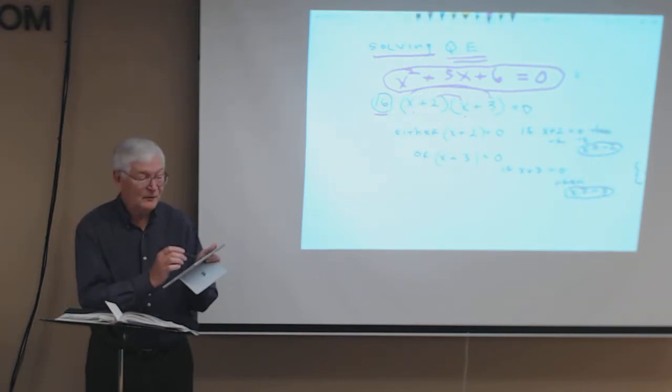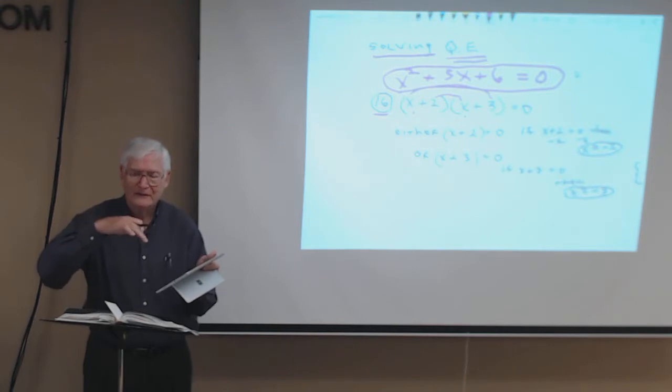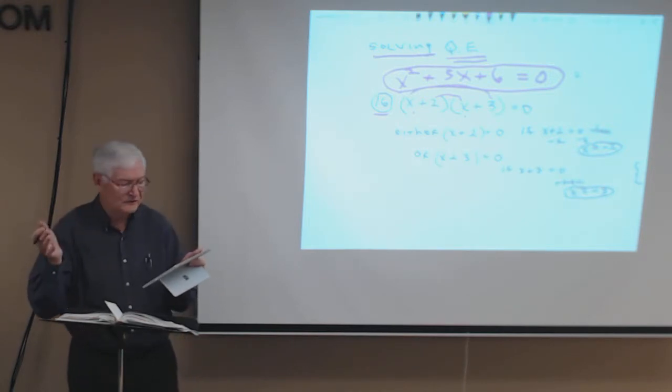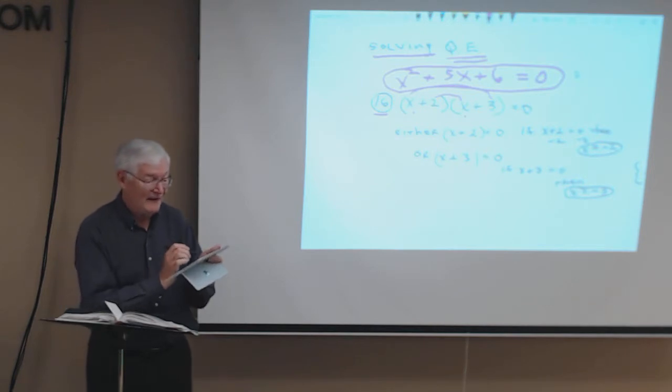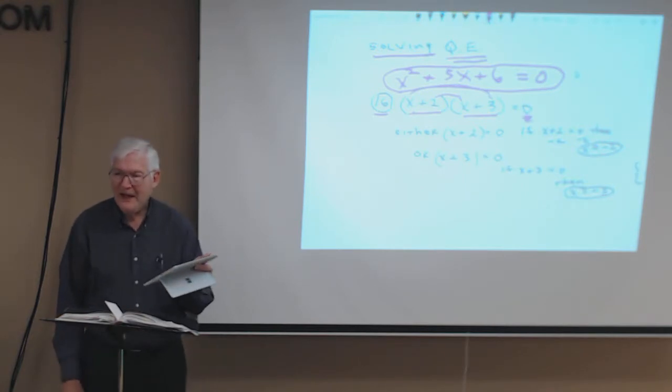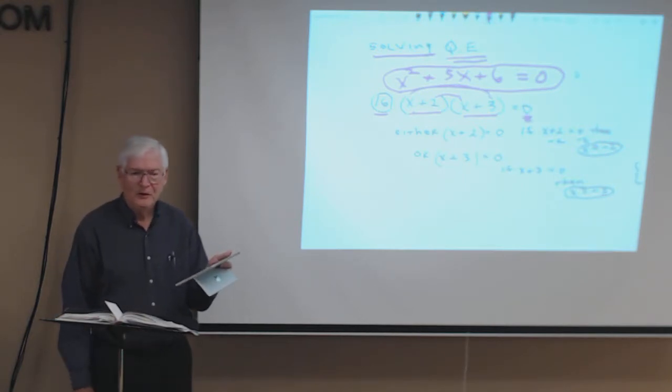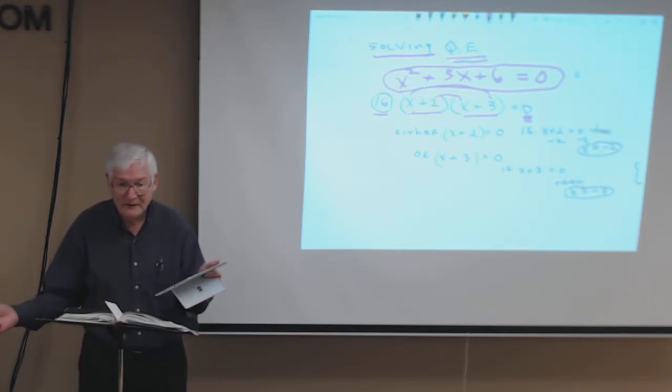And the only reason I'm going back like that is to give you some practice with this process to see how it works. So now watch what I have here. Now I have x plus 2 times x plus 3 equals 0. How do you get 0 for an answer when you multiply two things? What does one of them have to be?